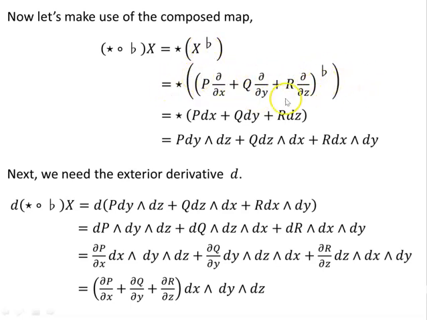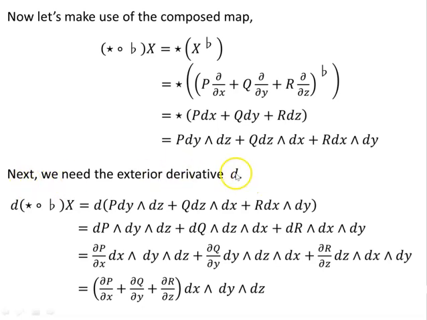The flat of the vector is this 1-form. With the Hodge star out front, we've seen from the previous slide the Hodge star of dx is dy wedge dz, the Hodge star of dy is dz wedge dx, and then the Hodge star of dz is dx wedge dy. The components here are untouched. I'll talk about that shortly. I've covered all this in the video on the flat and sharp operators.